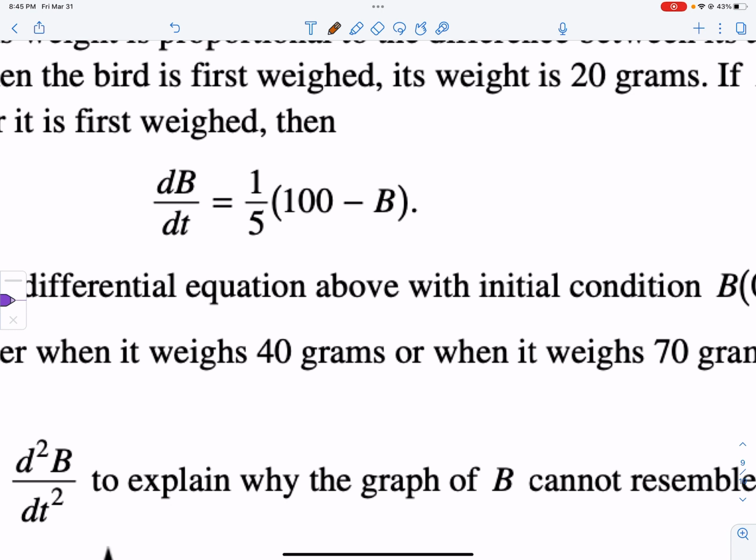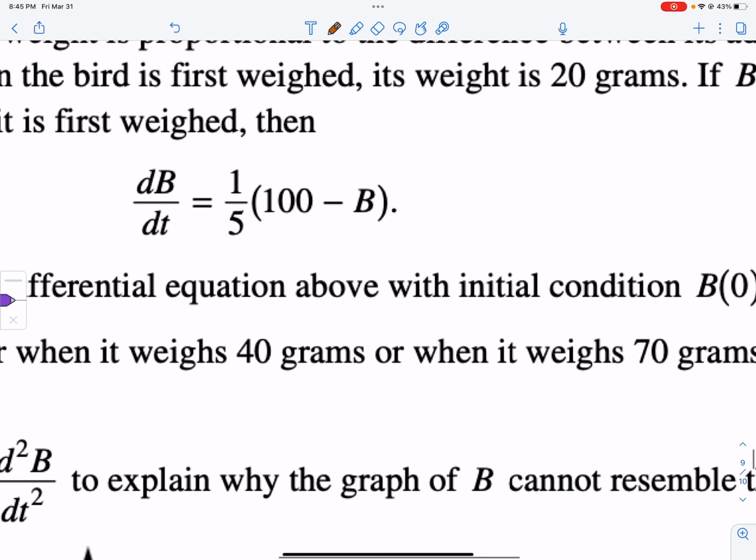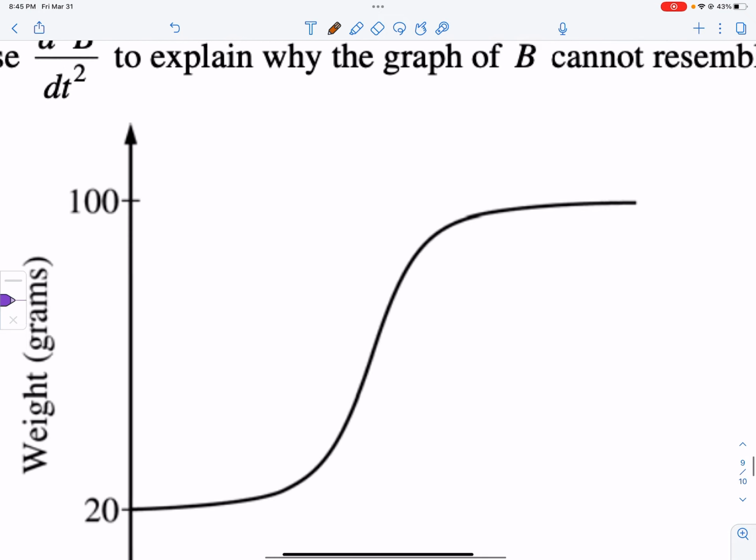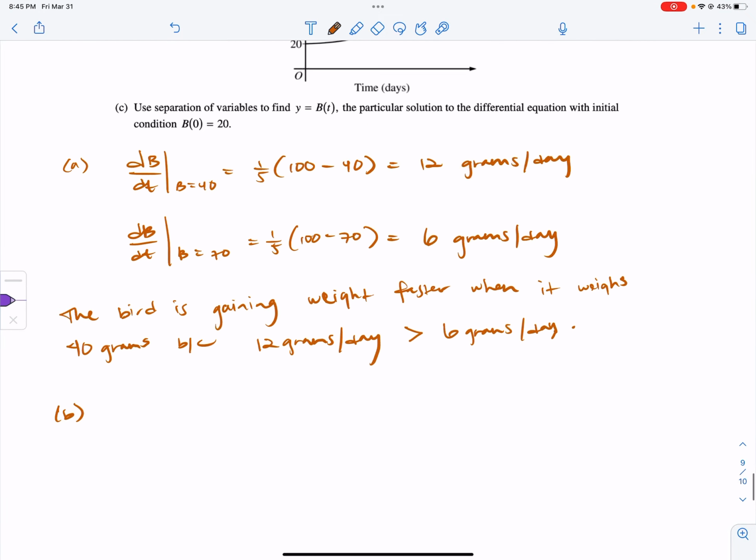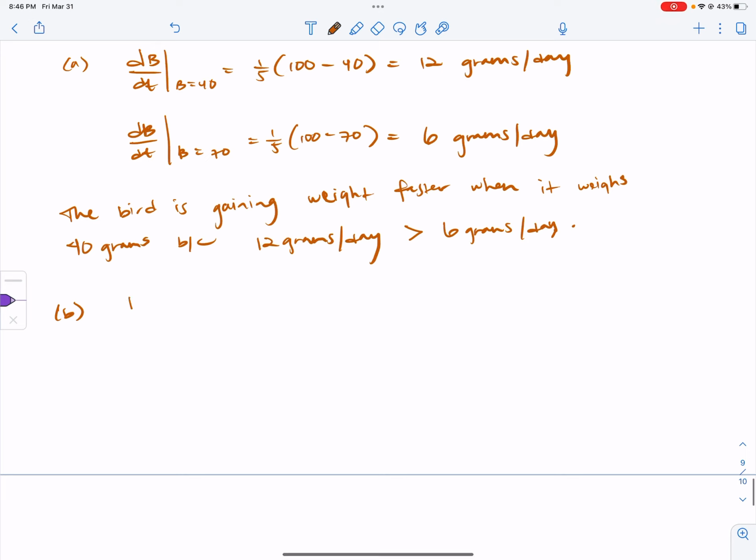Now we could think about having the 1/5 pulled out, and then the derivative of 100 would be 0, and then minus the derivative of B with respect to t. So the second derivative would be negative 1/5 dB over dt.